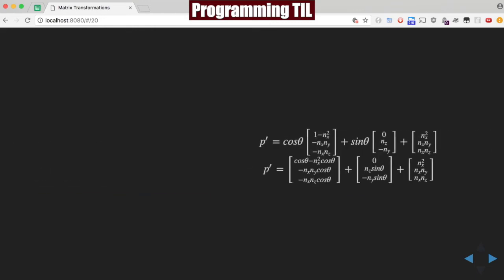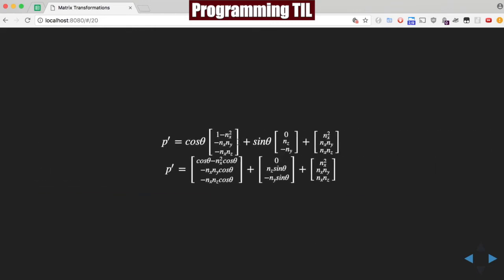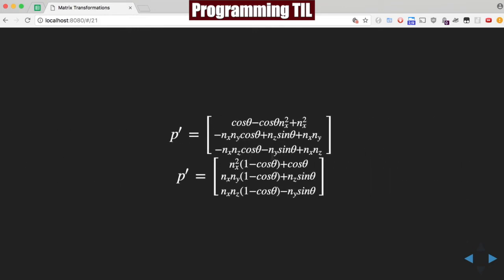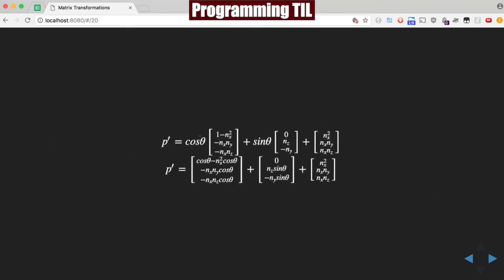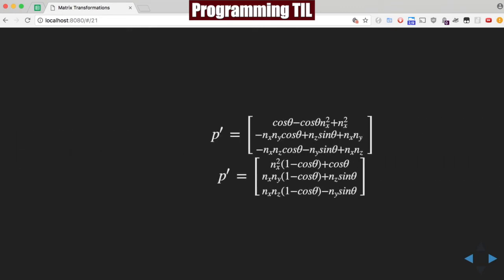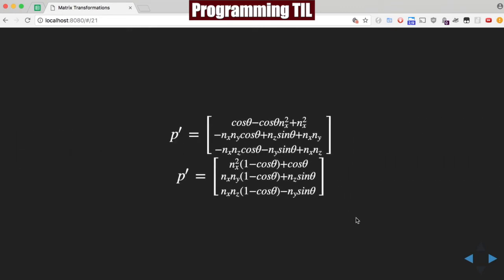So we're just going to continue to clean this up until we get to the final result here. I'm not going to walk through each of these steps, but you can do the very simple math to get it yourself. I recommend just looking this over though and understanding how you're multiplying each value out at each step. Show your work, as they always said in high school. And then we're given this final result of p prime.